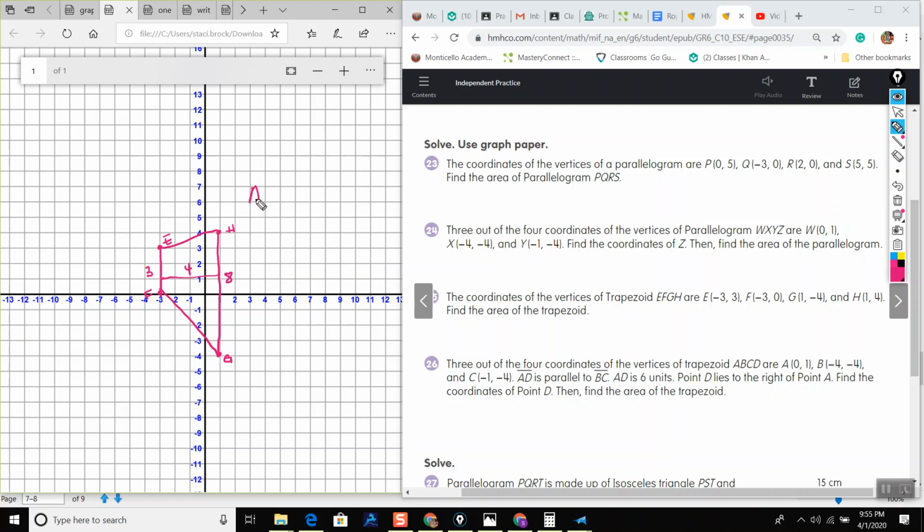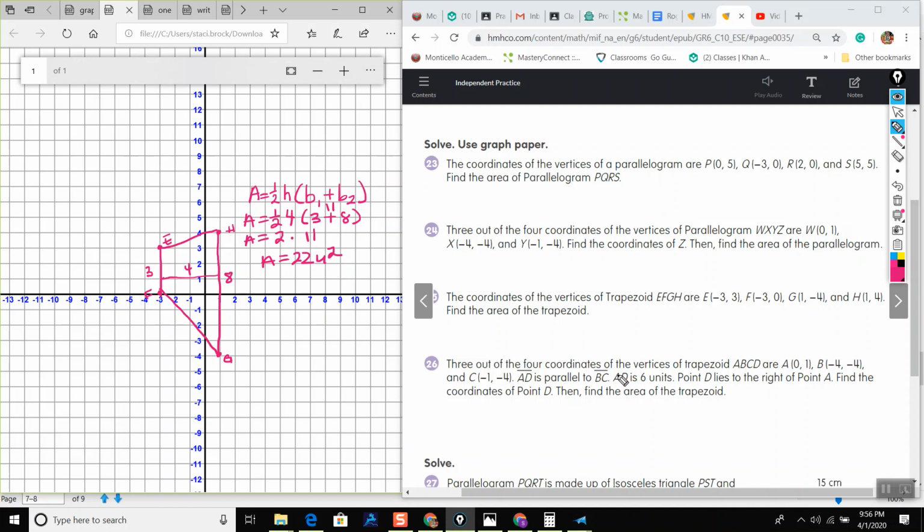So the formula: area is equal to 1/2 of my height multiplied by base 1 plus base 2. Filling in our information: 1/2 of our height, which is 4, times base 1, which is 3, plus base 2, which is 8. Added together, 8, 9, 10, that's 11. Area is equal to 1/2 of 4, which is 2, multiplied by 11. So my area is equal to 22 units squared.